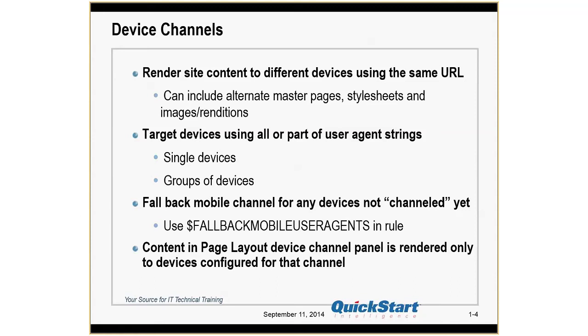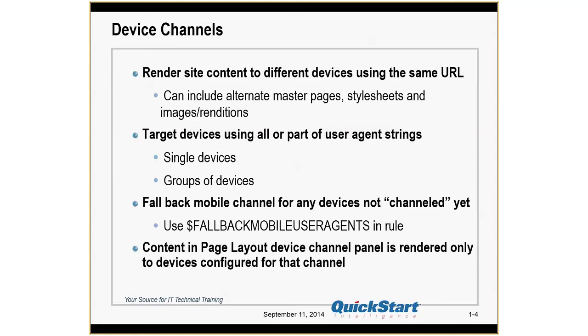And that page layout, it will only render the content that we've configured to render in that channel. There's special content placeholders in the page layout that you can set up. And then in each of those content placeholders for device channel, you can list the device channels you want that particular component to render on.